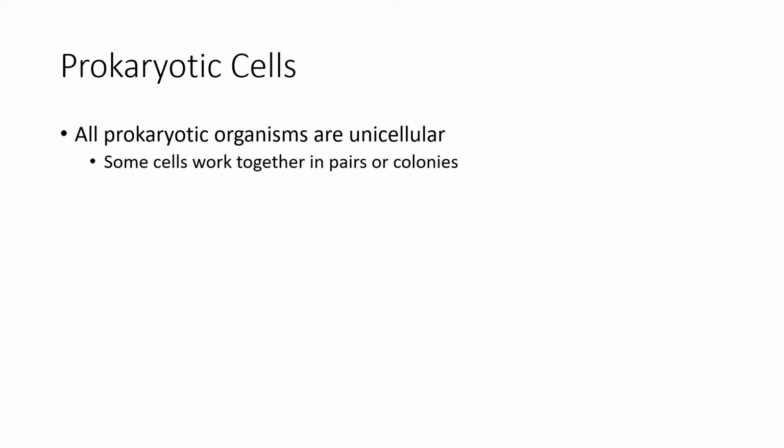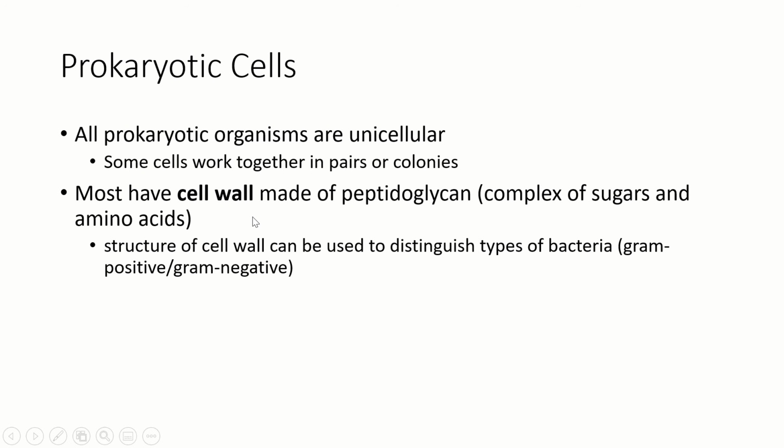Some prokaryotic organisms are made up of cells that work together in pairs. Sometimes they sort of form a colony, kind of, or a bunch of them together. It's complicated. You're going to learn all about this when you take microbiology. Most prokaryotic cells have what we call a cell wall. This is different from the plasma membrane.